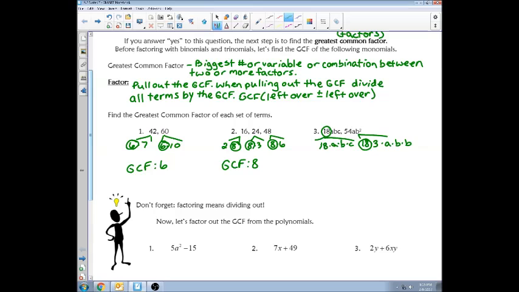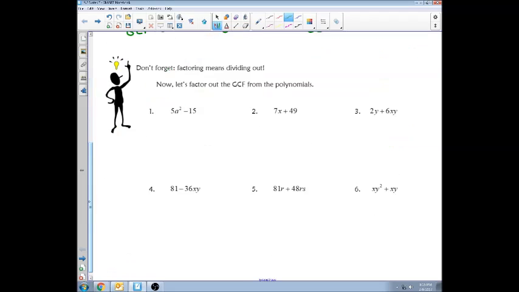It could just be 18 times A times B times C. I'm also going to share an A, and I'm also going to share a B. Okay? So my GCF in this case would be 18AB.